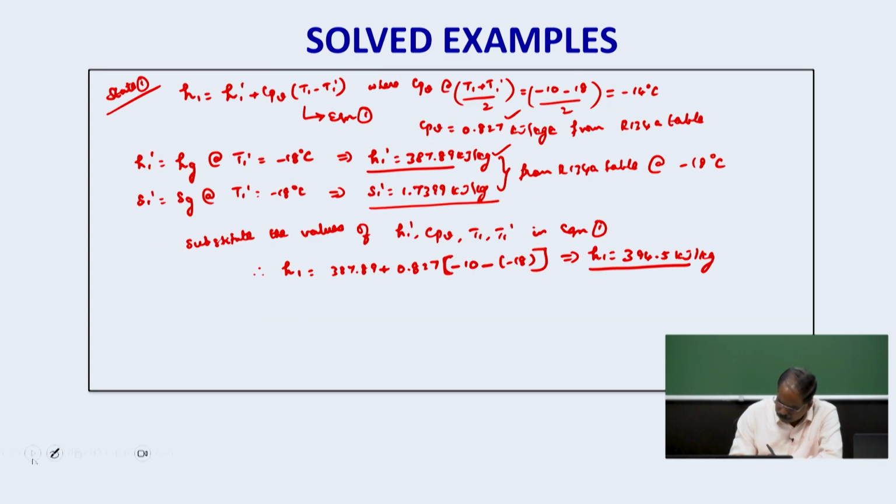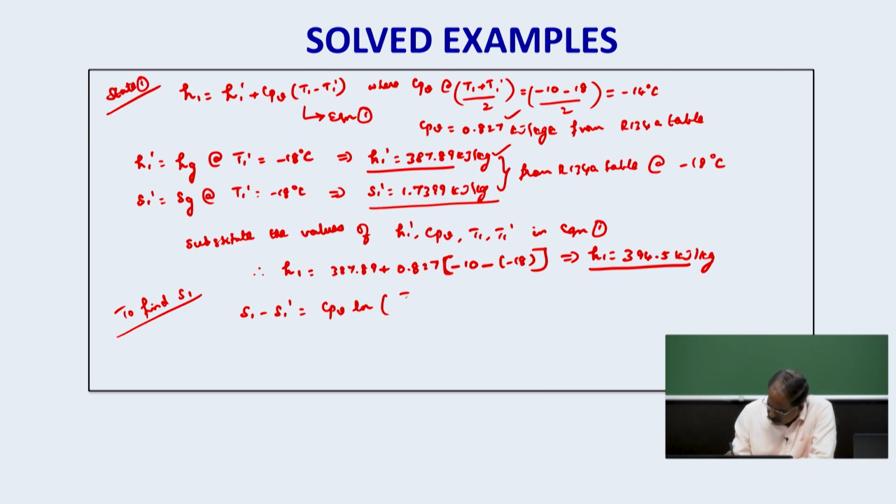So to find entropy at state point 1, S1 minus S1 dash is equal to Cp of vapor into ln of T1 by T1 dash.